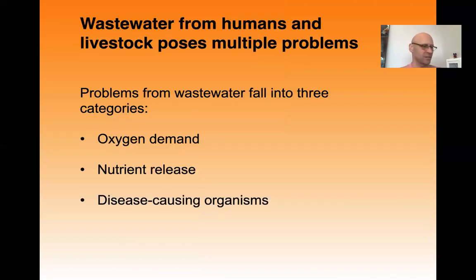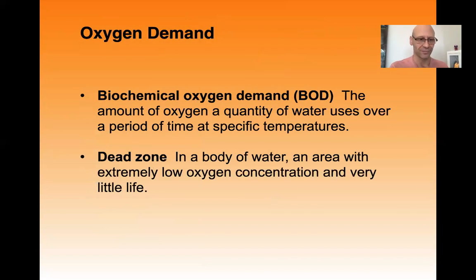And we've talked about some of these already, but when we think about problems associated with wastewater, we're talking about three main problems. The first is oxygen demand, and we talked about the Gulf dead zone extensively, so I think you should have a pretty good understanding of that. Second, nutrient release, which is related to the oxygen demand. And the last type are disease-causing organisms, which are commonly related to human waste.